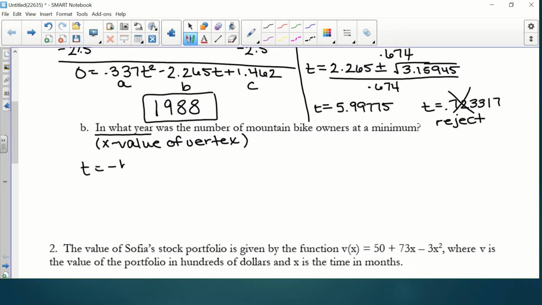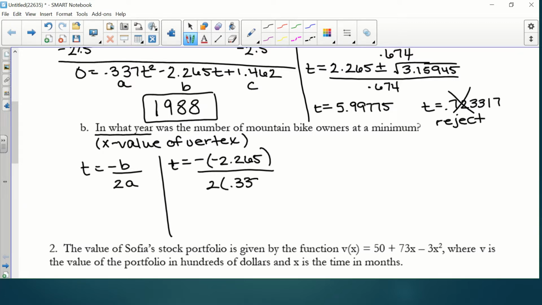T equals negative b over 2a. Okay, so I'm going to plug into that formula. Negative our b value, which is negative 2.265, divided by 2a. Okay, and simplifying that, I get approximately, and again I'm rounding here, 3.36053, and this is to give me an idea of in what year.